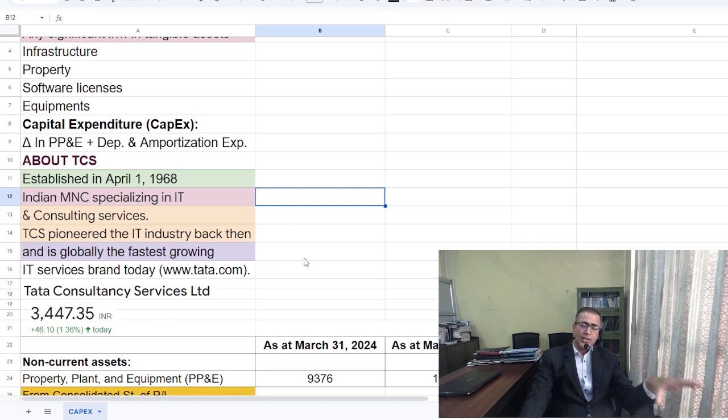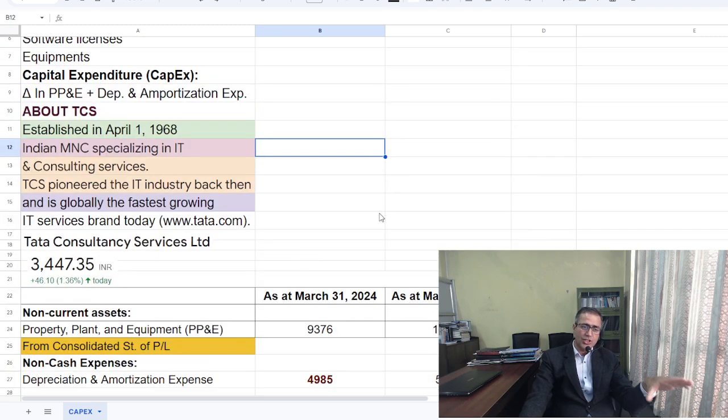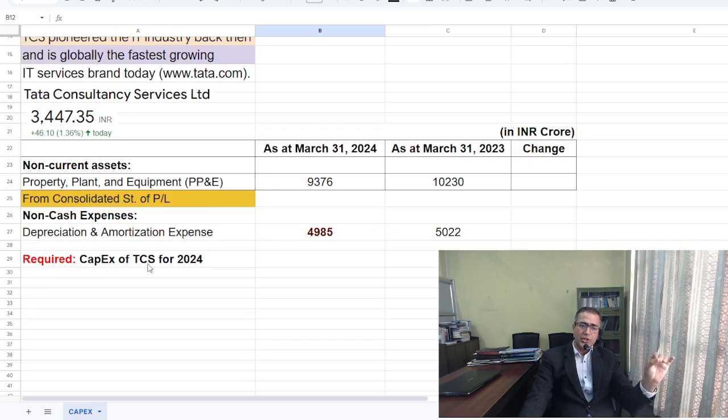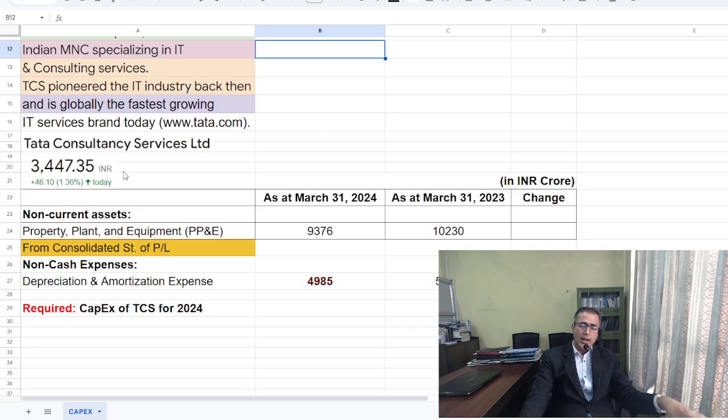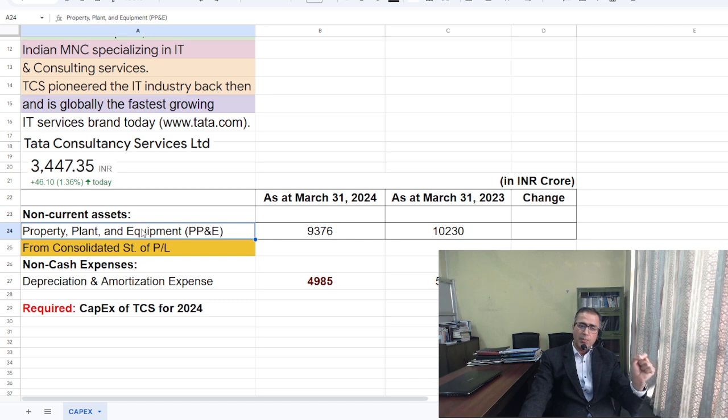Actually, our today's discussion would be more about how we could estimate the capital expenditure for TCS for 2024. And what I did here, based on the annual report of Tata Consultancy Services, I just organized the given information. From the non-current assets, that is the fixed assets, you have to take the property, plant and equipment.